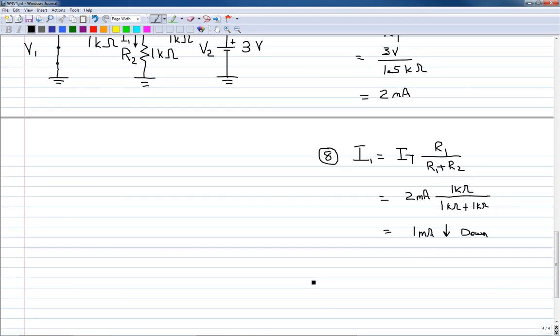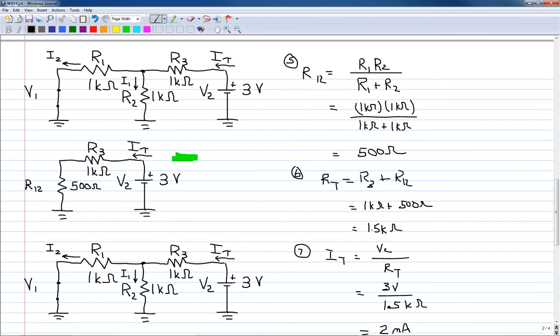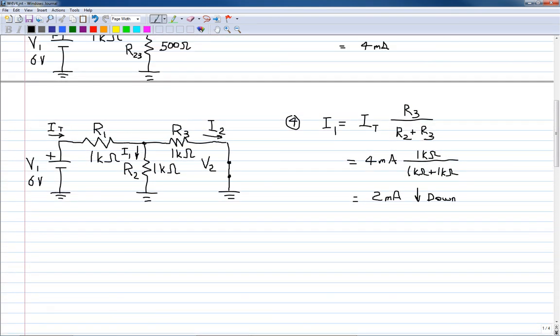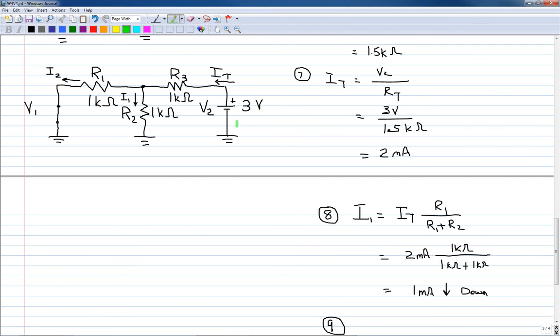Okay, now our final step is to determine the total current through R2. Well, going back up to where we solved the first one, we had, due to the source V1, a current of 2 milliamps going down flowing through R2. So the current due to V2 through R2 was 1 milliamp going down.